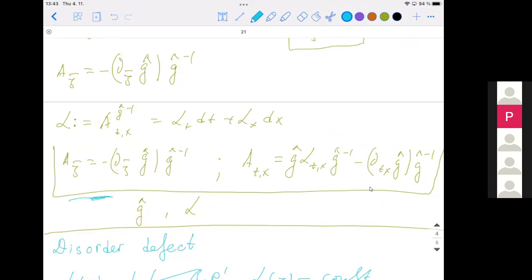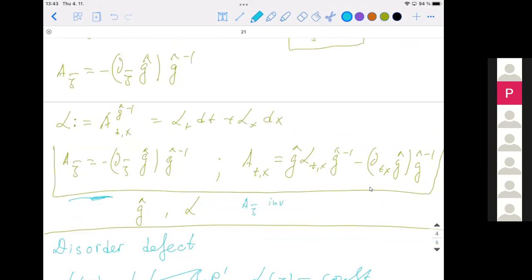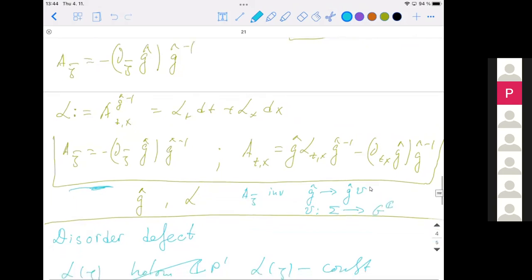If you look at it, you will see that this A z bar is invariant under the transformation, if you just write it like this, and there is some phi, which is a smooth function transformation that is independent of zeta.